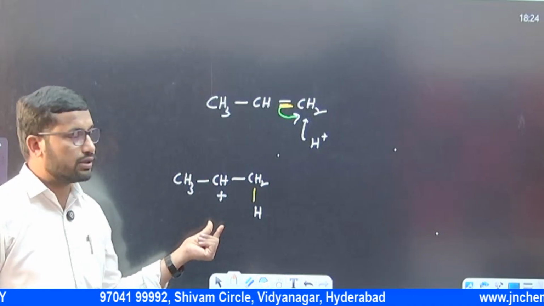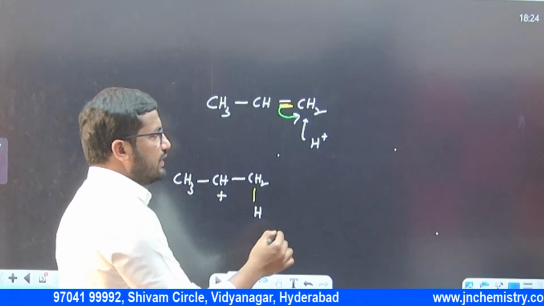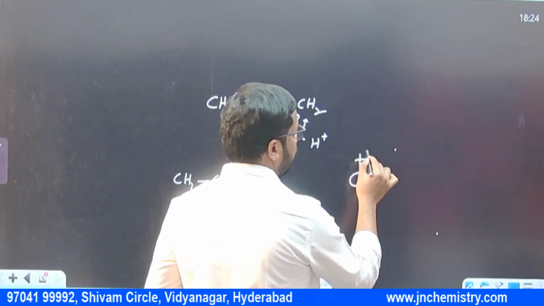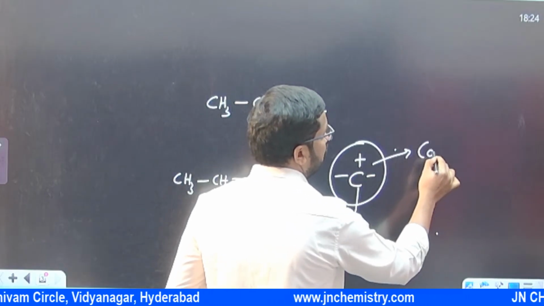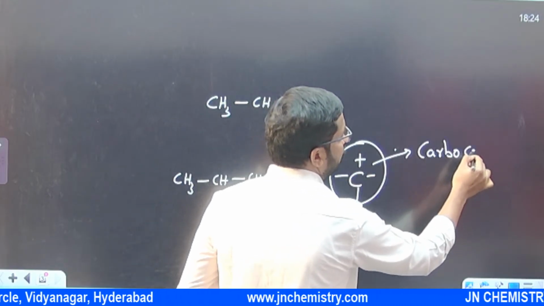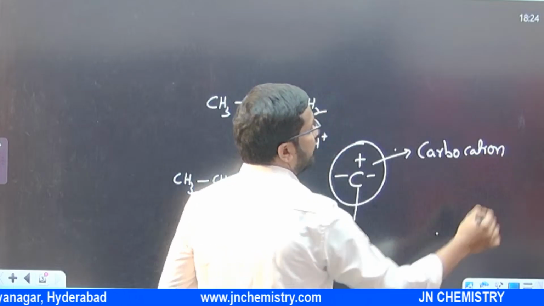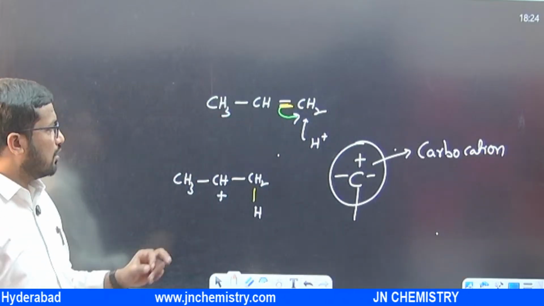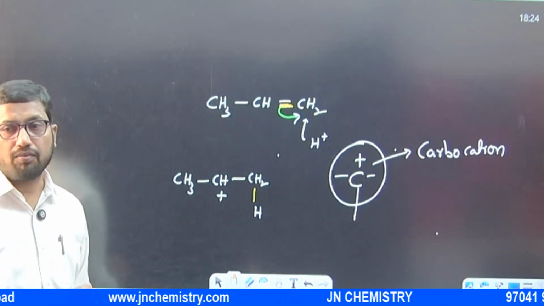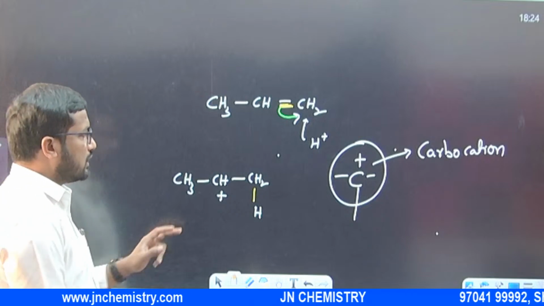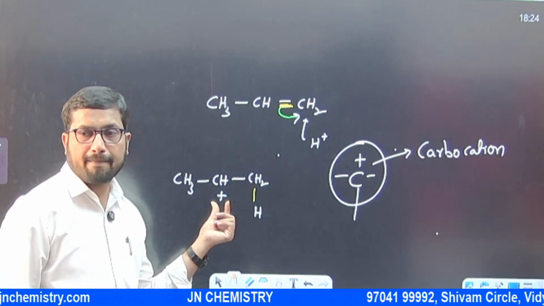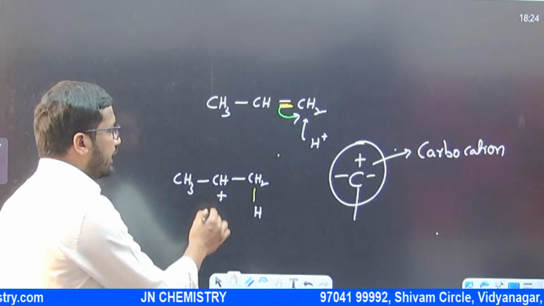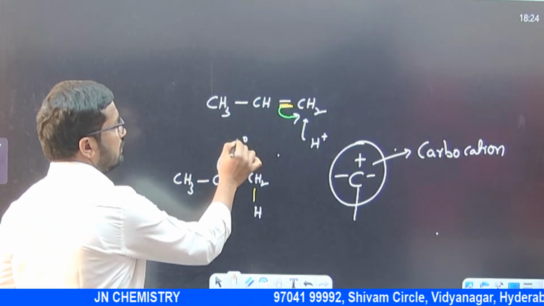If carbon has the positive charge, what is it called? Carbocation. Here we are getting the carbocation. Which carbocation is it? Secondary, 2-degree carbocation.